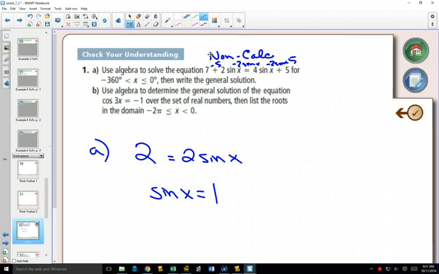Anytime you get a question with sine and cos on your non-calculator part of your test or exam, it's going to mean either A, it's something on your pie plate, or B, it has no solution. So we have to decide: sine x equals 1, is that on our pie plate or does it have no solution? Is the y coordinate ever equal to 1?